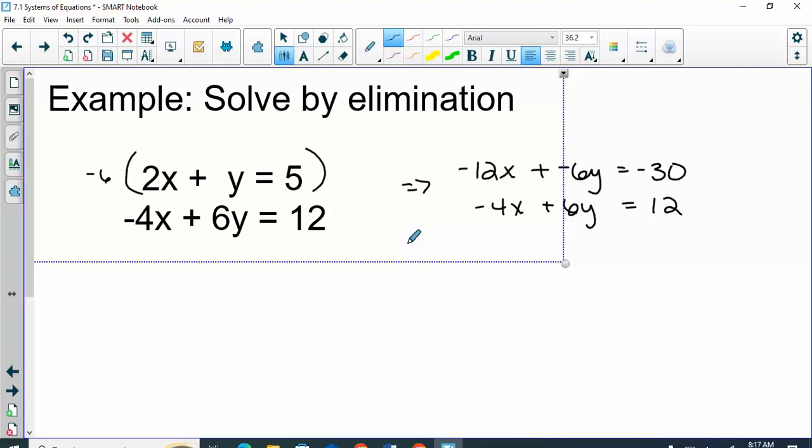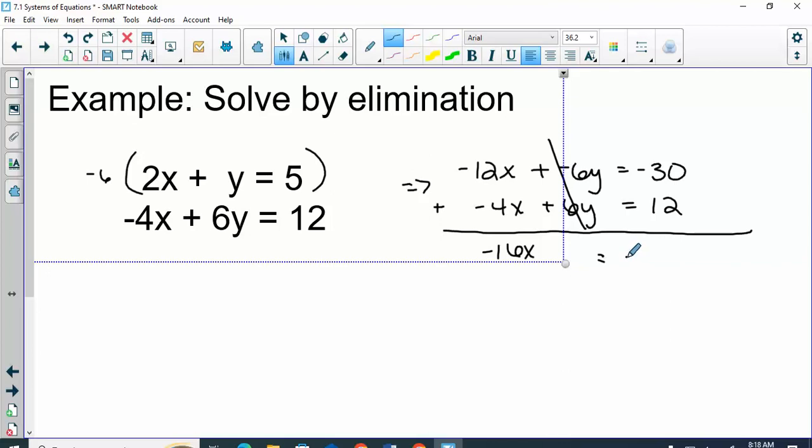Sometimes you might have to multiply both equations by something in order to get them to cancel, and that is also an option. So it doesn't have to just be one equation. So then we're going to add these together. So negative 12x and negative 4x is negative 16x. Negative 6y and positive 6y would just give me a 0, so those go away.